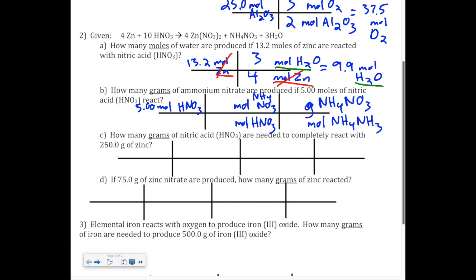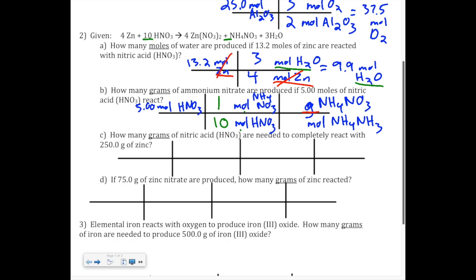So when I have a mole ratio like this one, mole over mole, this is going to come from the equation. So the coefficient for ammonium nitrate is 1, and the coefficient for nitric acid is going to be 10. Okay? And now I have grams, so that means I need to go to the periodic table to find the mass of nitrogen, 4 hydrogens, another nitrogen, and 3 oxygens.